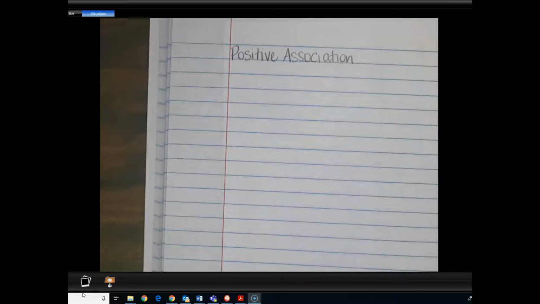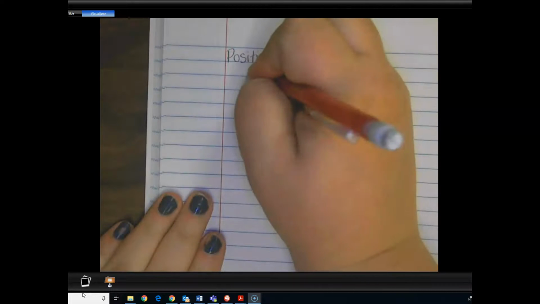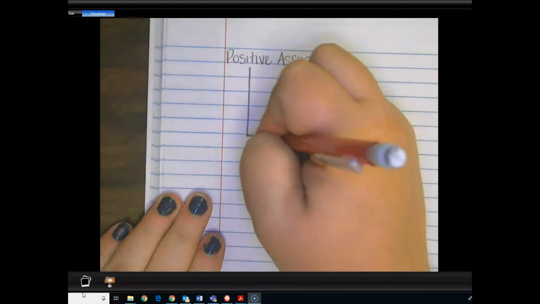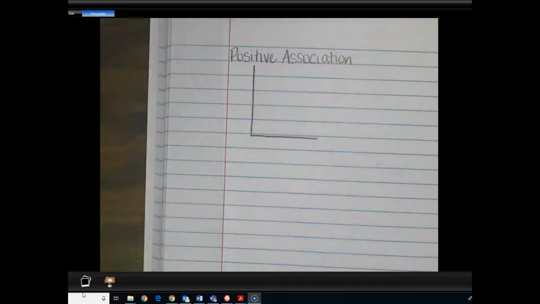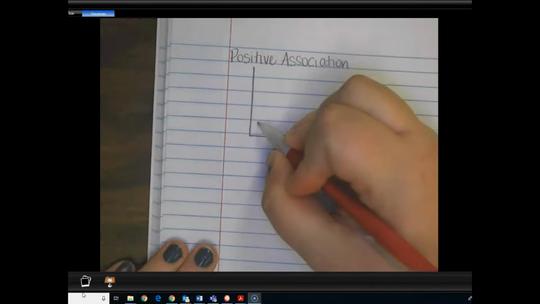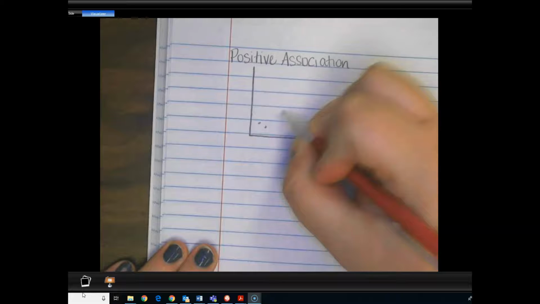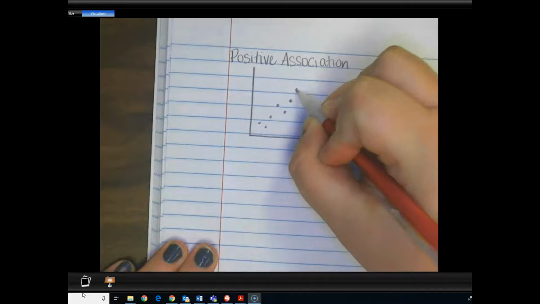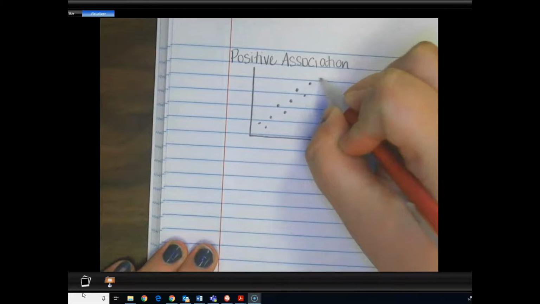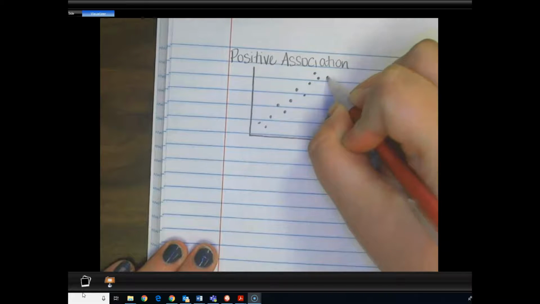Okay, so we're going to draw a backwards L, which is our x and y axis, just looking at one quadrant. And I'm going to do some dots, kind of like the last one I did. They are going to be going up, kind of like that.